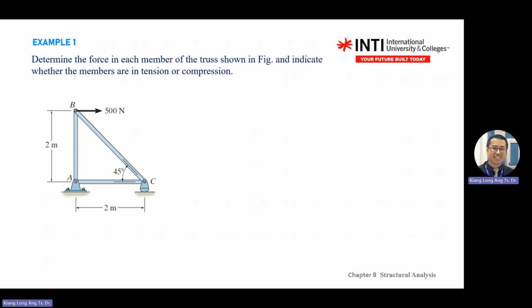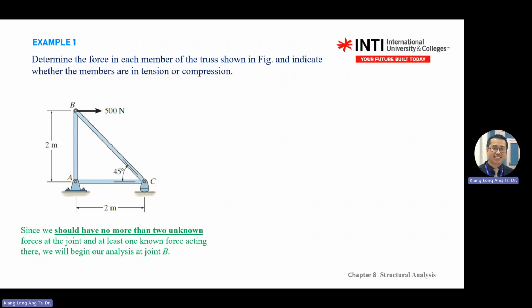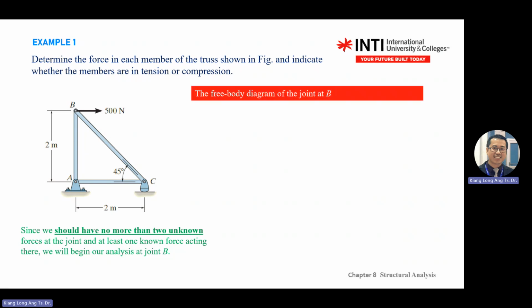So in this kind of question, first, same as before, you draw the free body diagram. Since this is a 2D diagram, we should have no more than 2 unknown forces, and at the joint, at least one known force acting there.